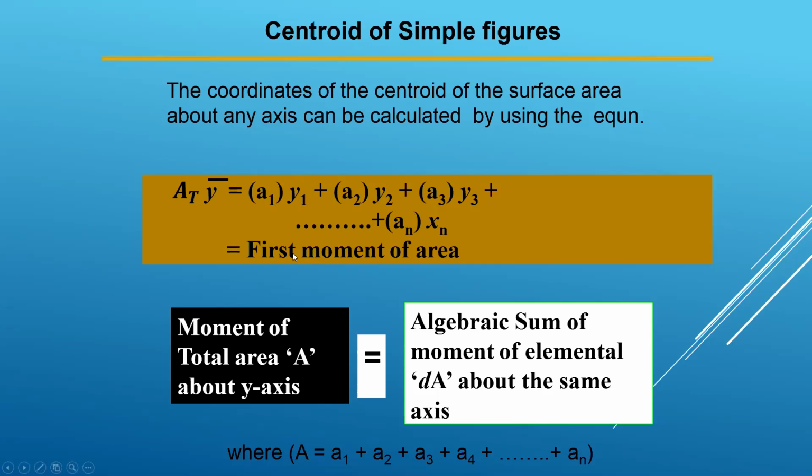This formula utilizes the first moment of area. So it is a moment approach, which is equal to the algebraic sum of the moments of the elements about the same axis.